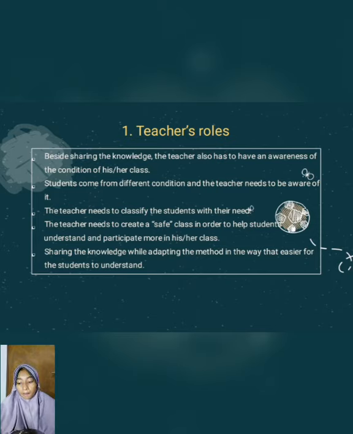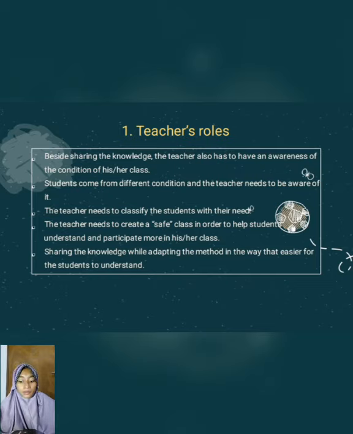As you know that there are some problems or even phenomena that could happen in the class, for example, because the students come from different perception, different background and needs, and conditions, the teacher has to be creative in the learning process.